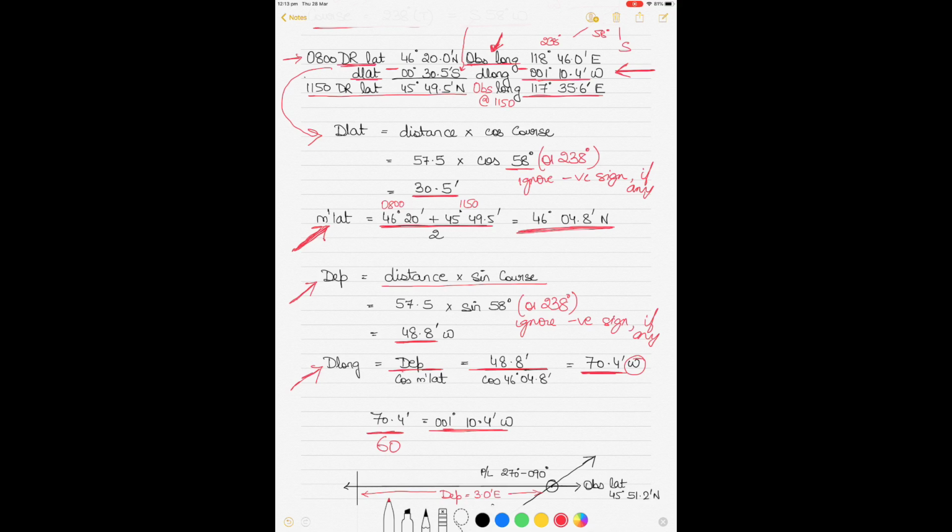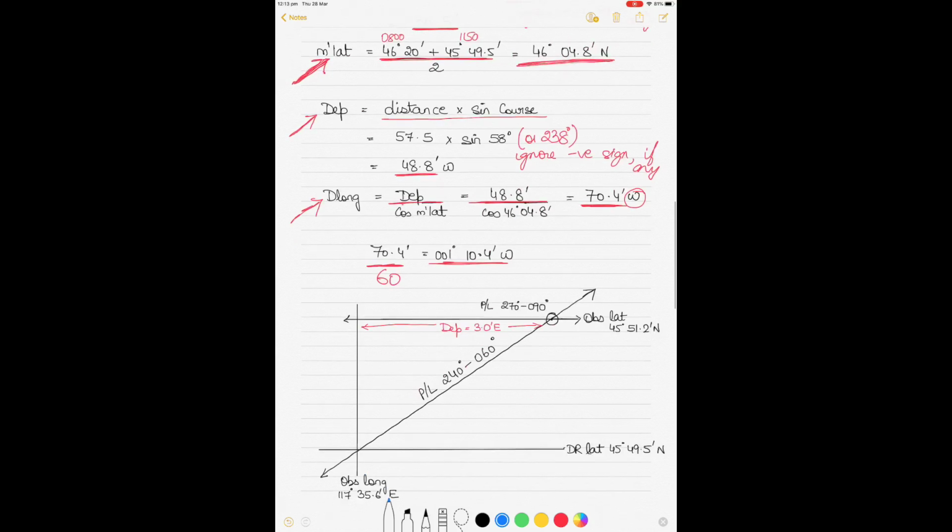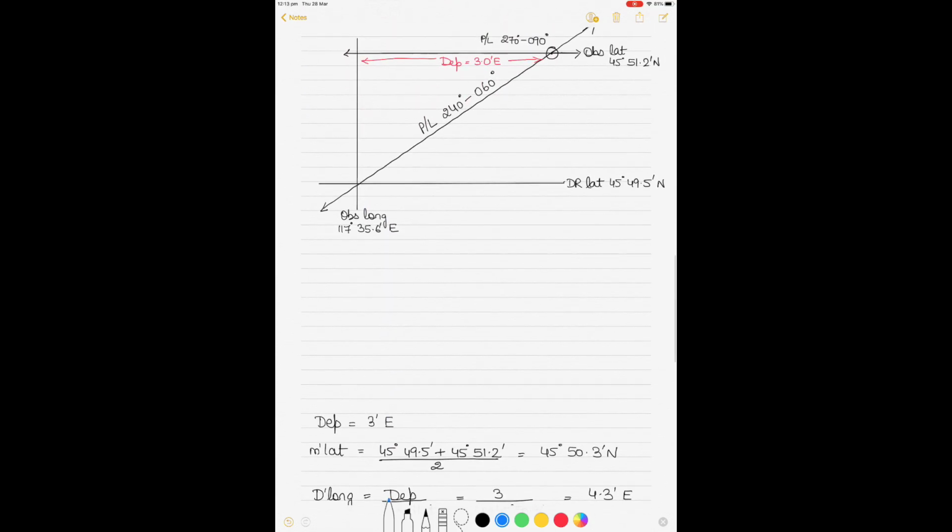Now you see this position here, so let me use a separate color pen. You see this longitude here, and this latitude here, the blue one. You take this latitude and longitude, and then you plot it in a plotting sheet.